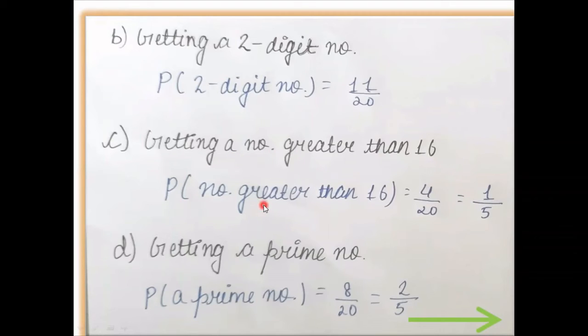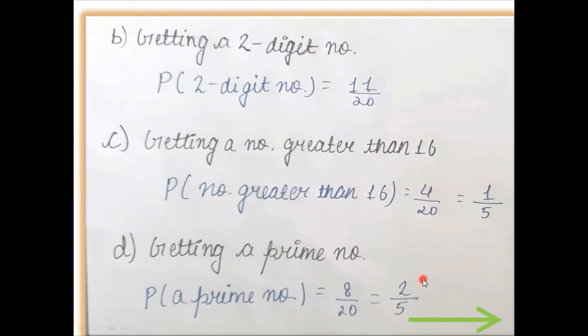Now C part, getting a number greater than 16. So probability of a number greater than 16, in which we will not count the number 16 itself. We will count the numbers which are after 16: 17, 18, 19 and 20. So 4 by 20 gives us 1 by 5. D part says getting a prime number. So probability of a prime number is 8 by 20, which is 2 by 5 on simplification.